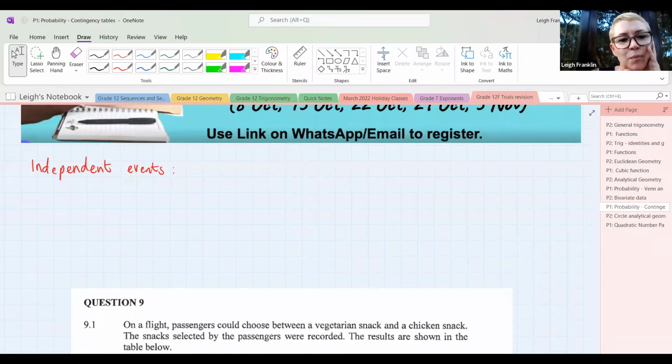Does anybody know? Not a bad suggestion. Not quite, not exactly right. Anybody else got an idea what the word independent means in this situation?